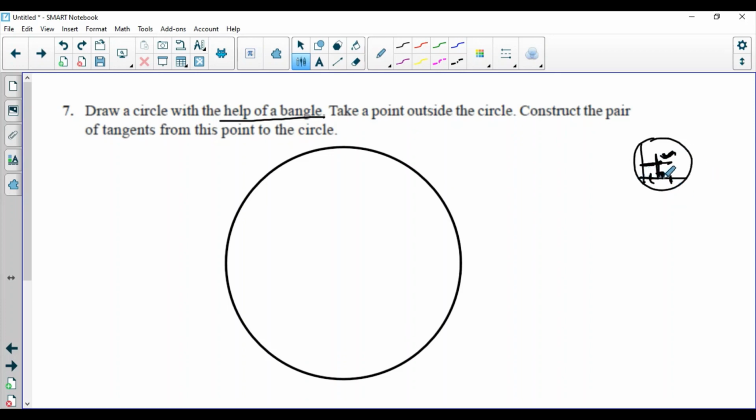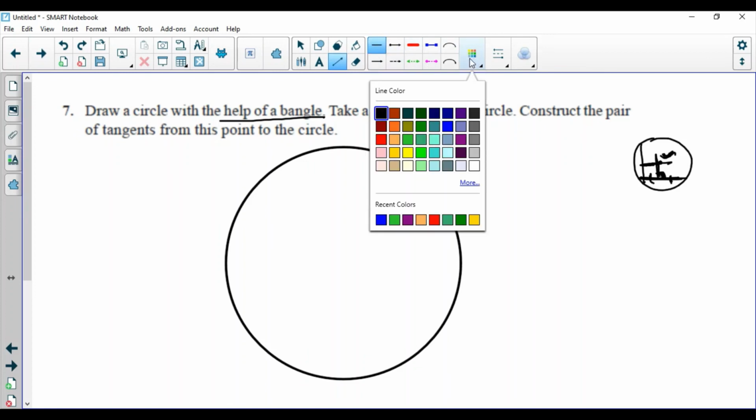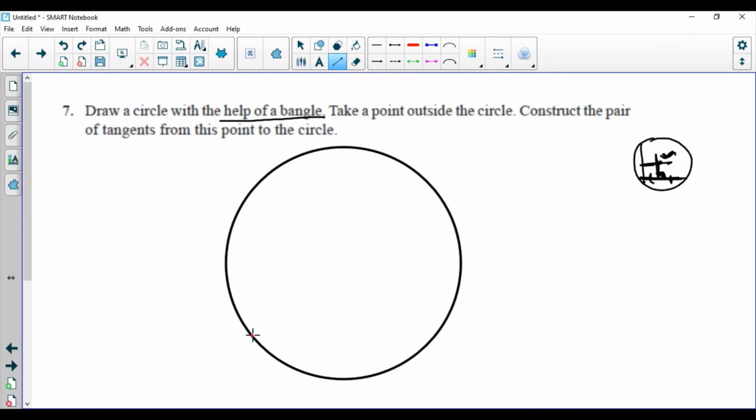So to find the center, you should always do the same thing. Draw two chords of any measurement, because a chord is a line segment joining two points, right? So this way I'll take, or better, I'll take this way.